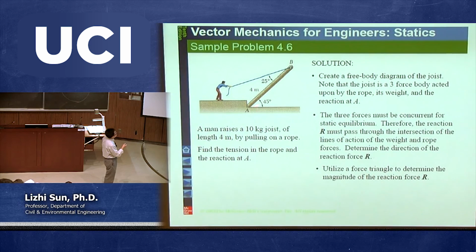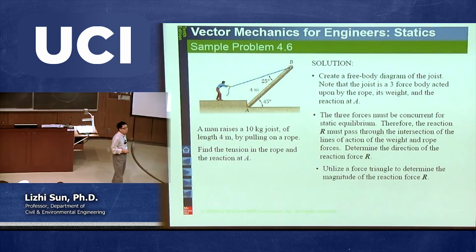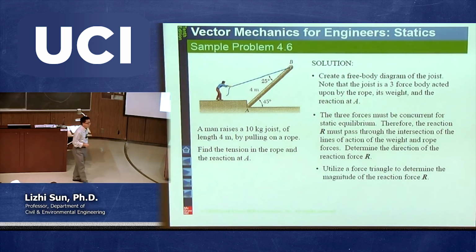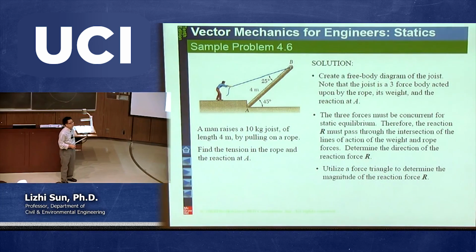You may not be sure whether there is a horizontal resistance or not, depending on the problem statement. If the statement says it's frictionless, then you don't have this. But that is different from this real scenario because this is exactly on the corner. In other words, at this point A, you cannot move down, but you cannot move to the left either. So that's why there are two reactions in both x and y directions.